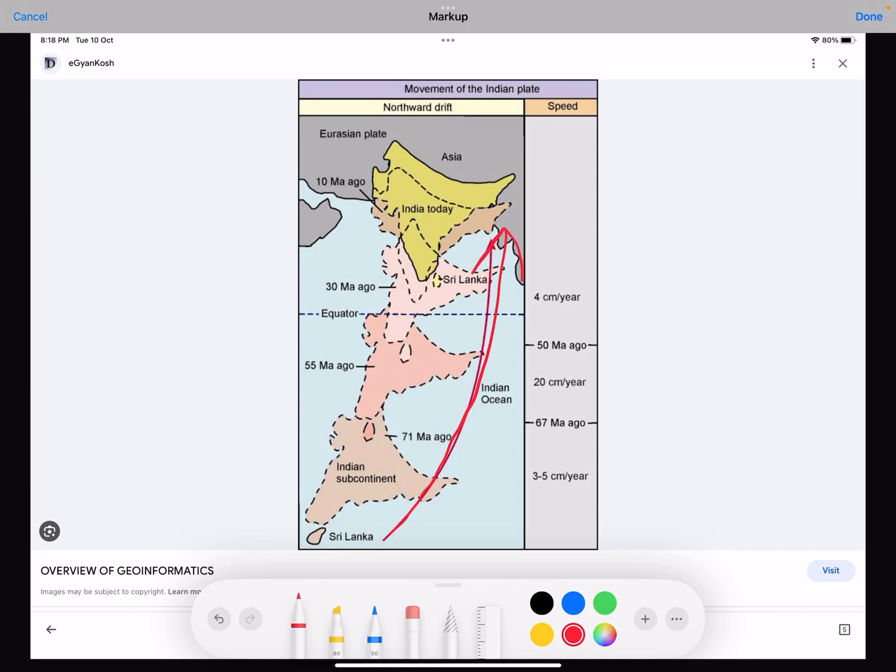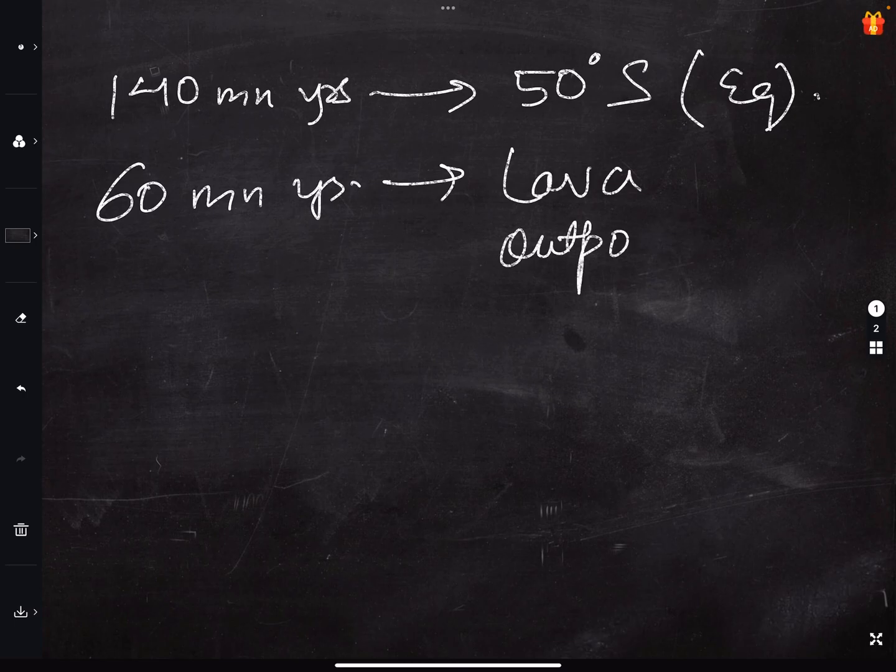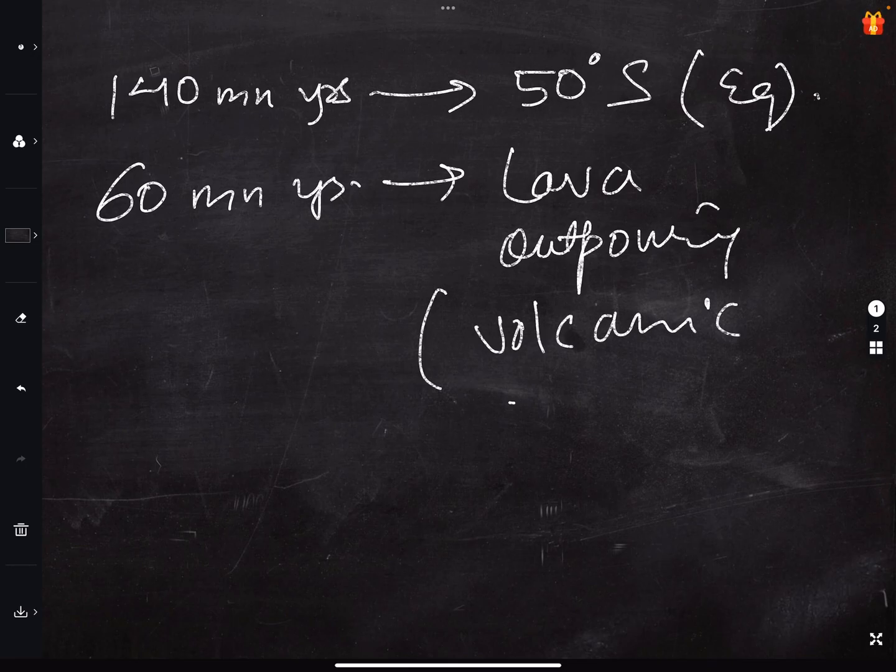During this journey, some 60 million years ago, there was an event of lava outpouring or volcanic eruptions, where the lava was outpoured out of the earth, and this led to the formation of the Deccan Trap.